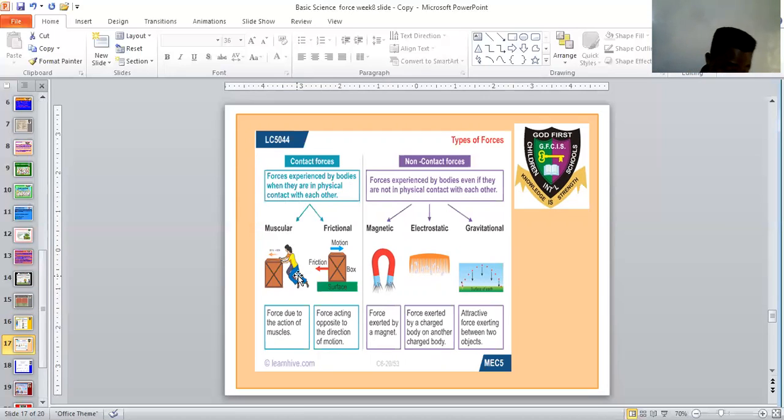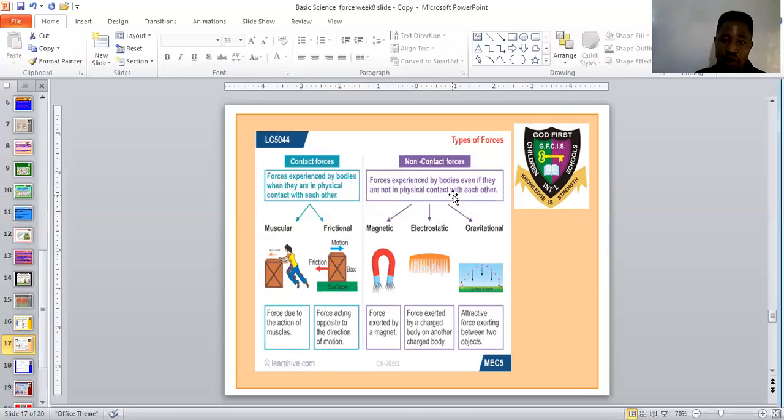They need to use that to push the box. That is muscular force. And here is frictional force. The force that is acting in the opposite direction to that box that is being pushed. Force that opposes motion. Now, force due to the action of muscles, that's the one above. This one is force acting opposite to the direction of motion. I just said that earlier.